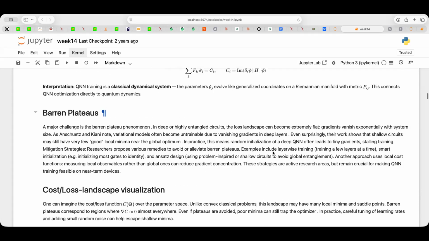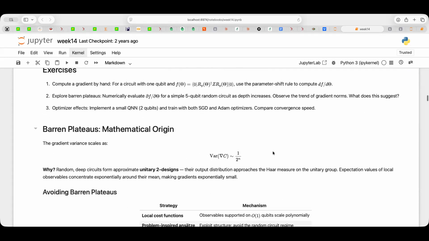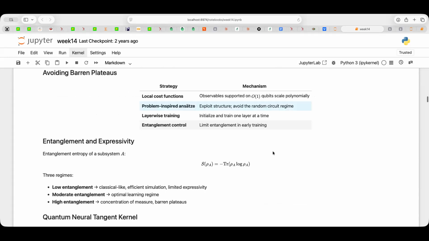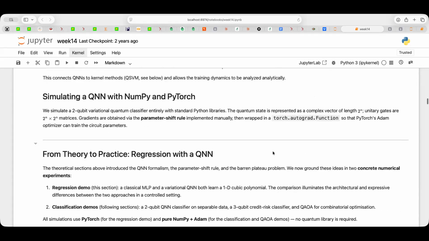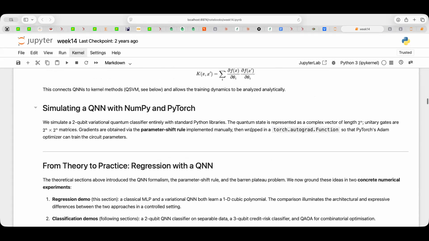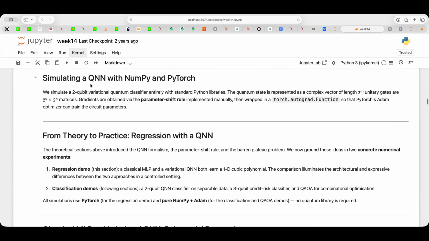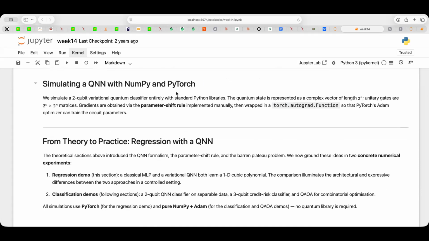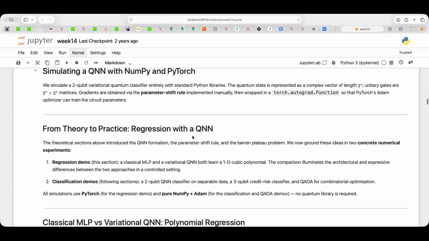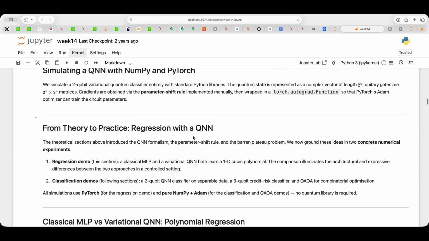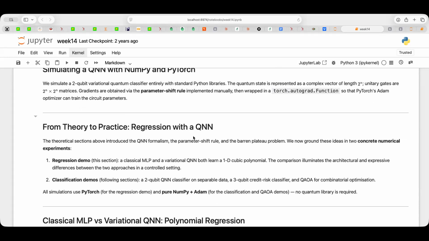Where we will start next week is to look at some simple examples. This information which you see here is the same you find in the slides. We are going to look at the simulation of a quantum neural network just using NumPy and PyTorch. And the gradients are obtained by the parameter shift rule, which we have for the VQE. We are going to look at the regression problem first, and then later at the classification problem.